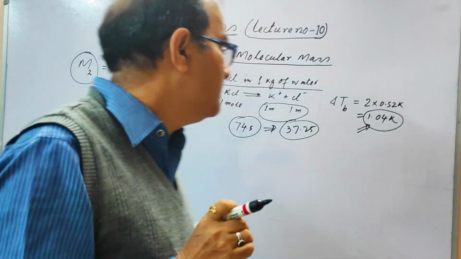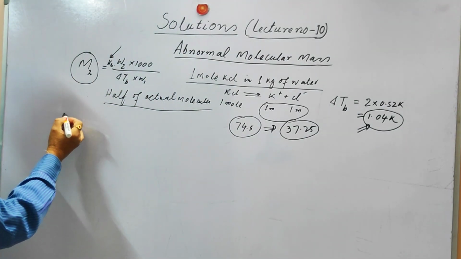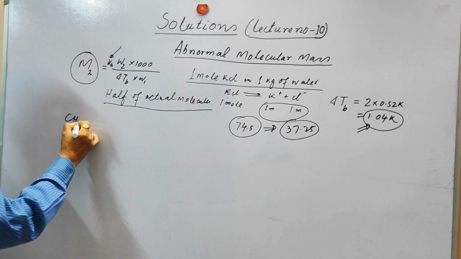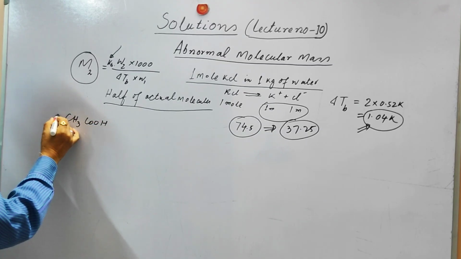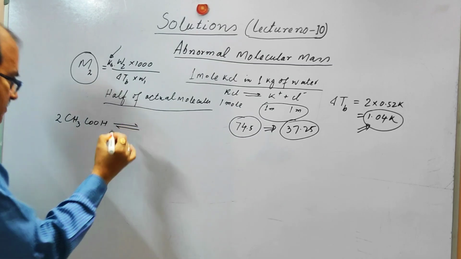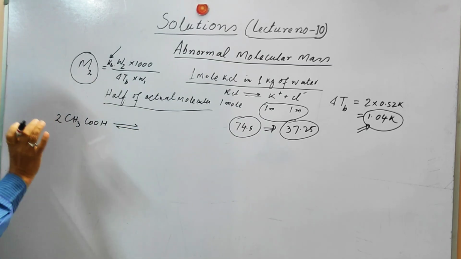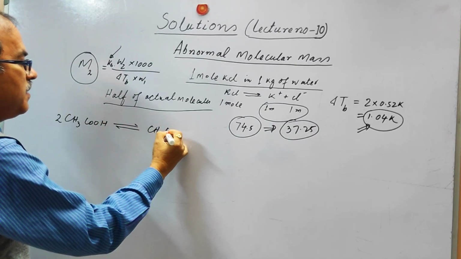And in another case, there are some organic compounds like ethanoic acid, or acetic acid, which undergo dimerization. There is a process of dimerization in which 2 molecules of acetic acid produce a dimer compound.